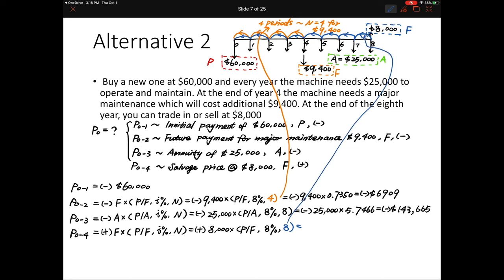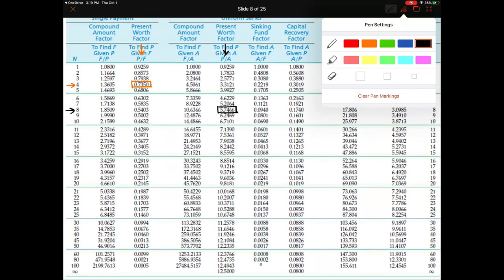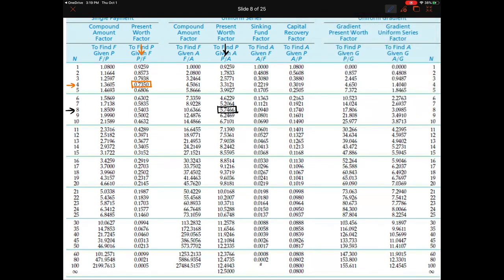So I want you to pause here and think about the parts P02 and P04, why their n is different. This is very important. Okay, so now let's continue. It's positive, it's a receiving. So 8,000 times a factor. Now let's look at the factor.